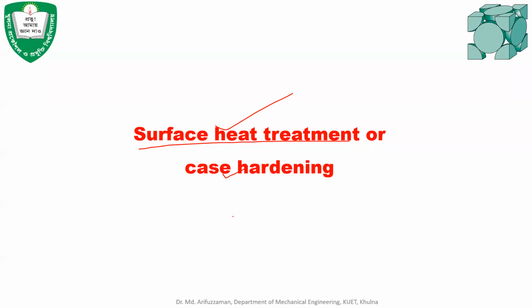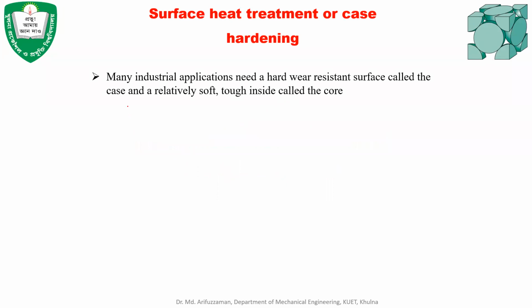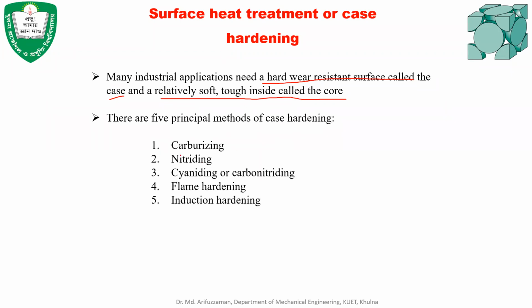Many industrial applications need a hard, wear-resistant surface called the case and a relatively soft, tough inside called the core. Sometimes you need the surfaces hard but the core soft or tough, so in that case you need to do surface hardening.